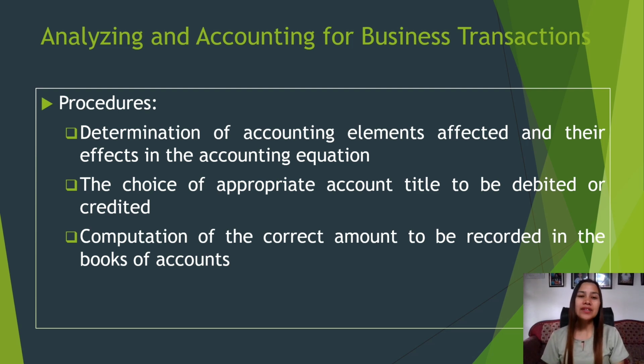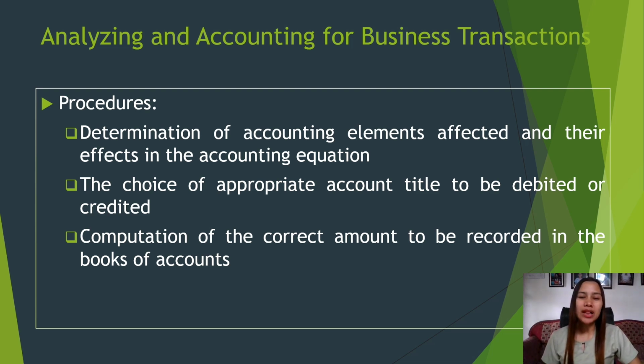Secondly, we have the choice of appropriate account title to be debited or credited. So, after determining the accounting elements affected, whether the assets, the liabilities, or the equity, you will now choose the appropriate account title to be debited.